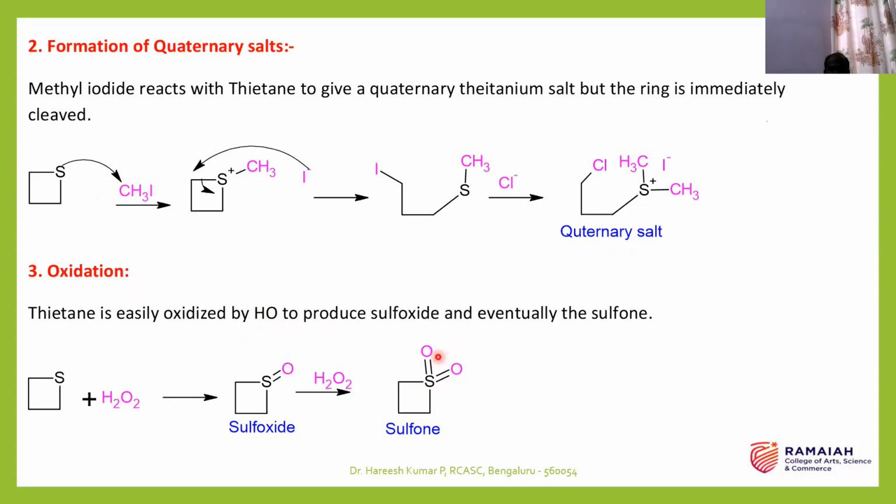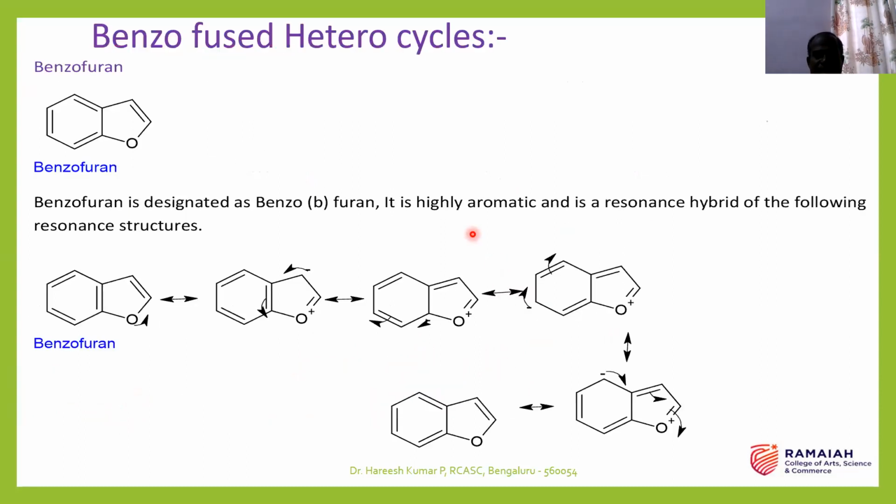This compound is called sulfoxide, and eventually the sulfone. This is the sulfoxide, and this one will be the sulfone. So thietane on reaction with hydrogen peroxide gives rise to sulfoxide initially. If there is an excess amount of hydrogen peroxide, it can react further forming sulfone. With this, I will go to the next slide.